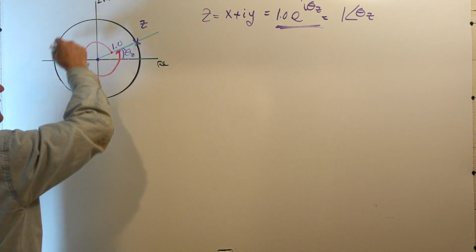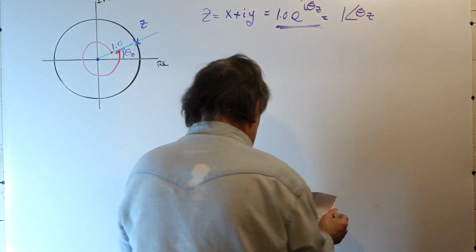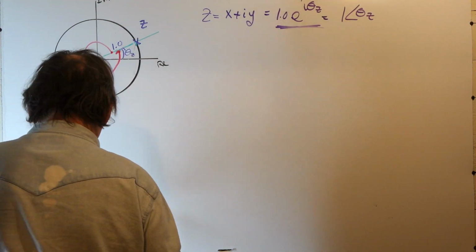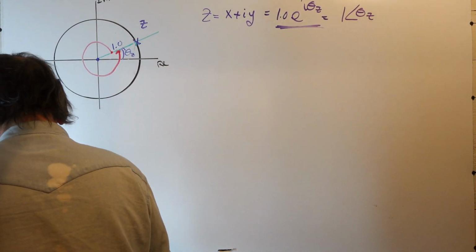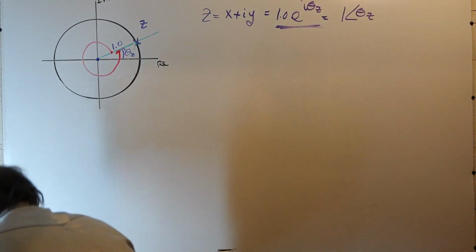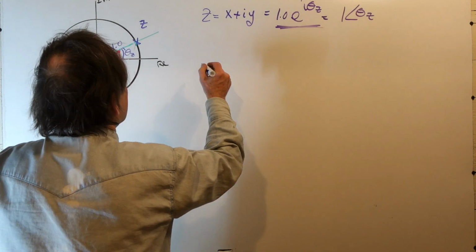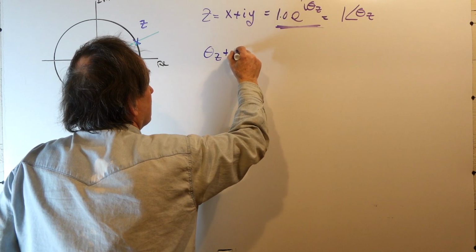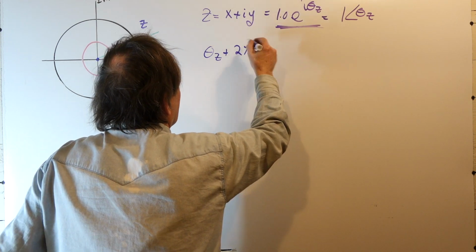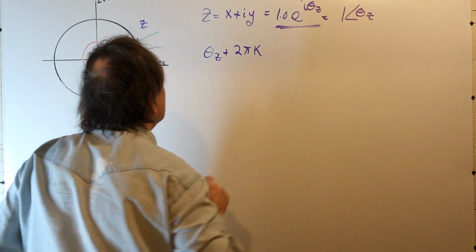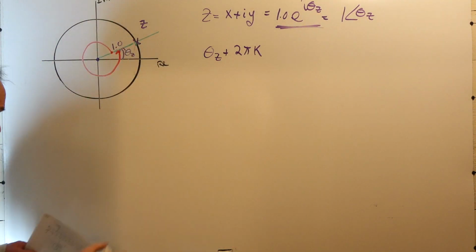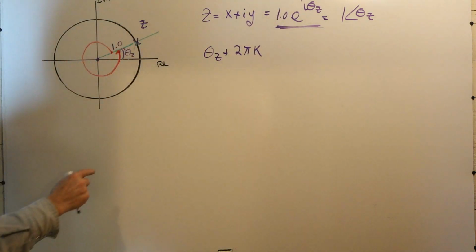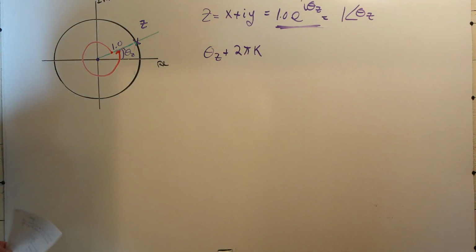Any integral number of complete turns around gets us to the same point. So we can represent the angle in the following manner: to theta z, we can add integral multiples of 2 pi, and we end up in the same place. So we could add 4 pi, 6 pi, 100 pi, 1,000 pi, as long as it's an integral number of 2 pi's.